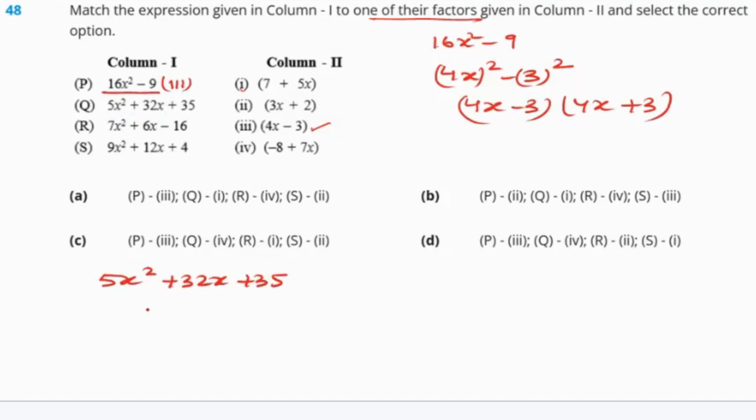Now we need to make a pair of 175 such that when we add, we get 32. So we get 25 plus 7.